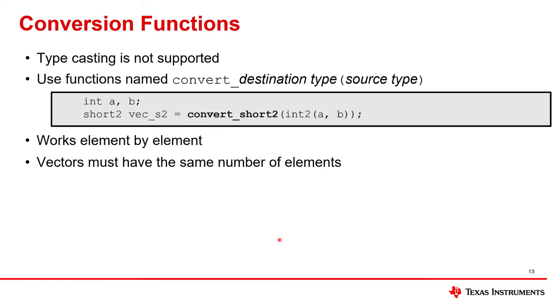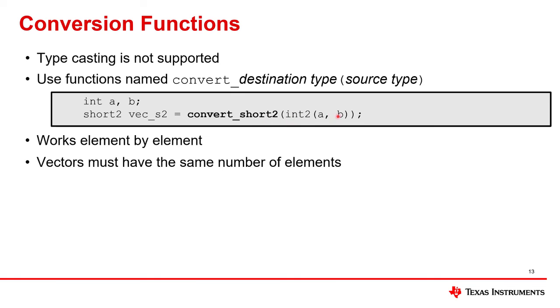Supposing you need to convert one vector to another kind of vector, how do you do that? The typecasting syntax that you're used to with ordinary non-vector variables is not supported. You have to use a function named convert_destination type, and then in the parentheses the source type. Here's an example.